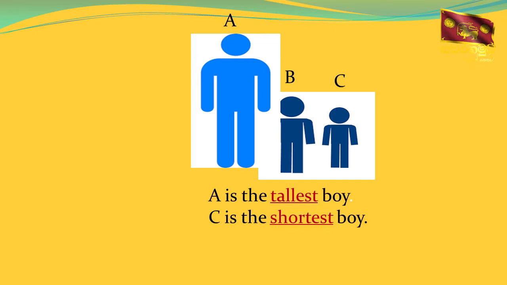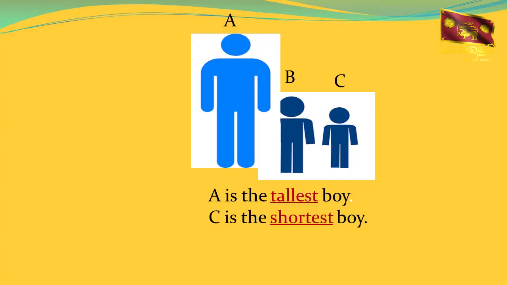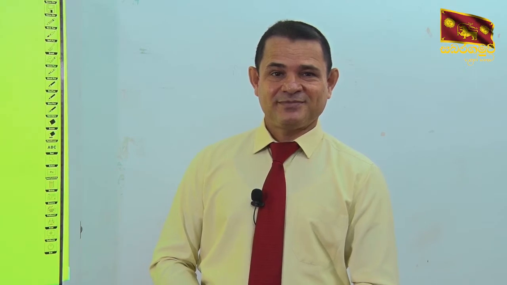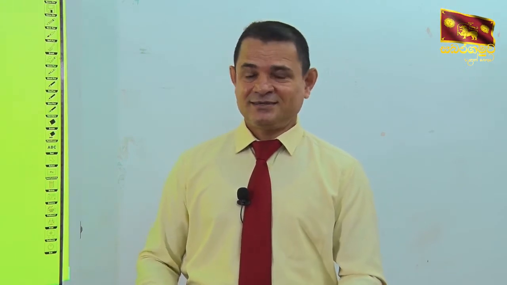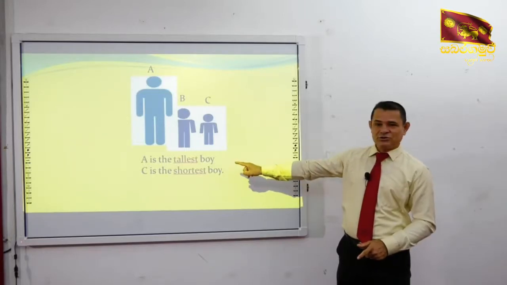To give a clear idea, you must use the superlative form. The third form in the table you noticed, tall, taller, tallest. Right, A is the tallest boy. Tallest. When you look at all these three, you can see A is the tallest boy.